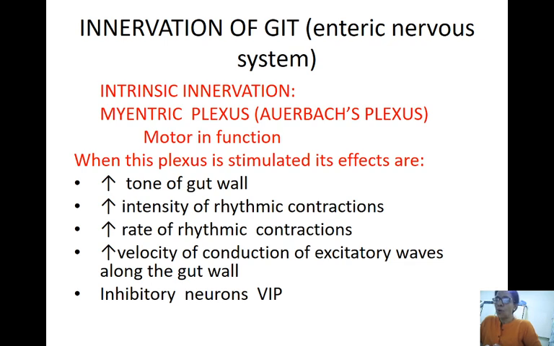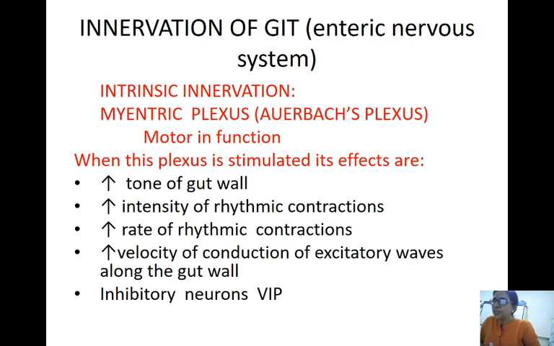But not everywhere can we say this plexus is excitatory. When the neurotransmitter is VIP, that is vasoactive intestinal peptide, those are the inhibitory neurons. Their action we can see on the pyloric sphincter and the ileocecal sphincter.